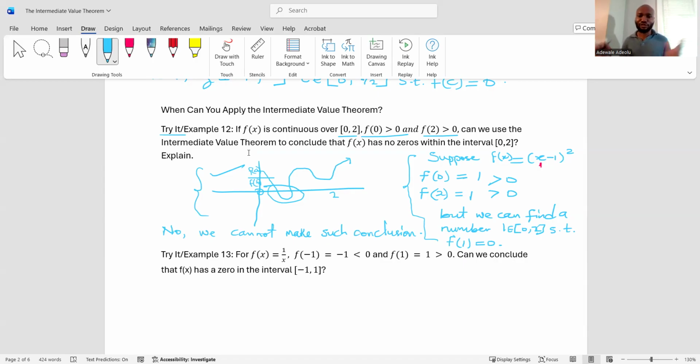You only need to say, consider the graph below. Consider the function. Then you say f of a is greater than 0, f of b is greater than 0, but there exists a point in between such that f evaluated at that point is 0. So I hope that makes sense to you.